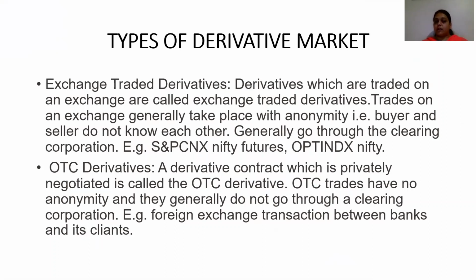That's why it's called an OTC derivative, over-the-counter. Over-the-counter trades do not go through a clearing corporation, for example, foreign exchange transactions between banks and its clients. In these OTC derivatives, buyer and seller sometimes know each other.